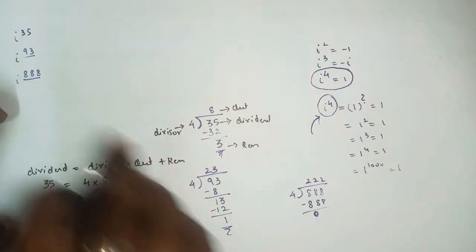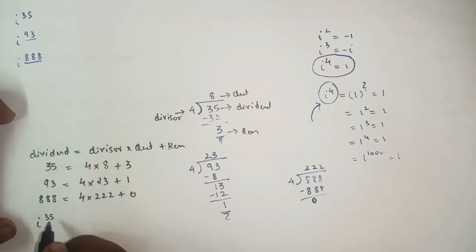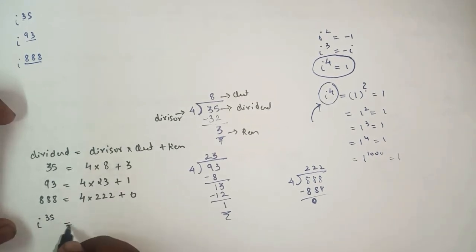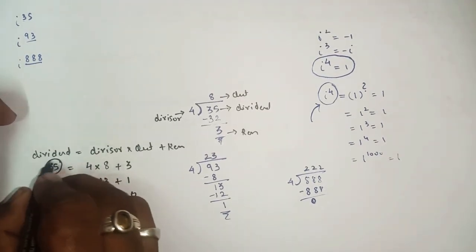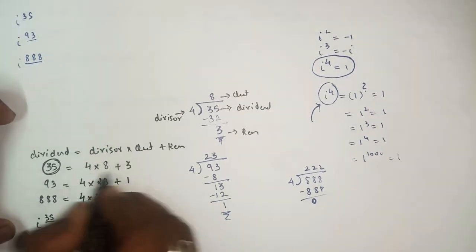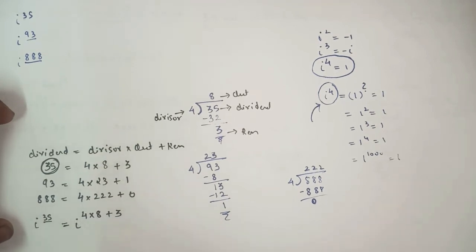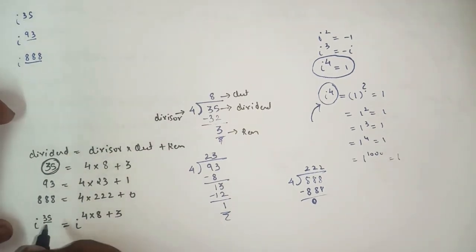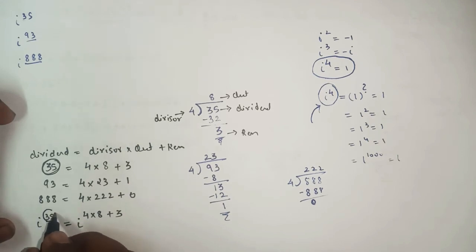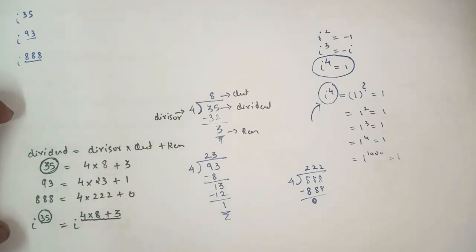The same way here, we can write i raised to 35 as i raised to 4 into 8 plus 3. Yes or no? See here, this is the dividend, divisor into quotient plus remainder. Got the idea what I did?